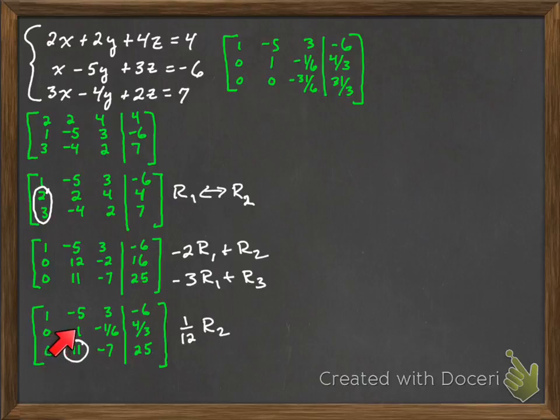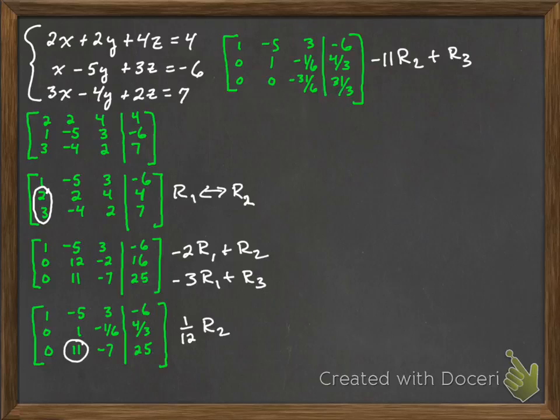So we're going to multiply row 2 times negative 11 and add that to row 3. When you do that with each of these values, this times negative 11 added to this is this number. 4/3 times negative 11 added to 25 is this value right here.